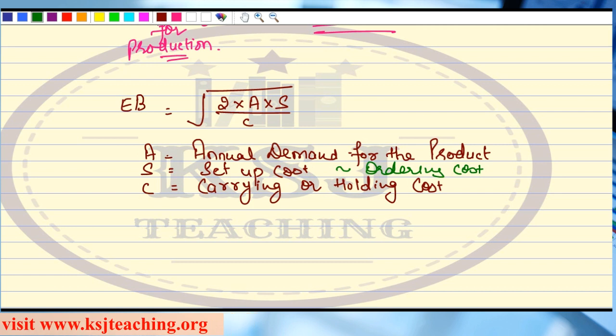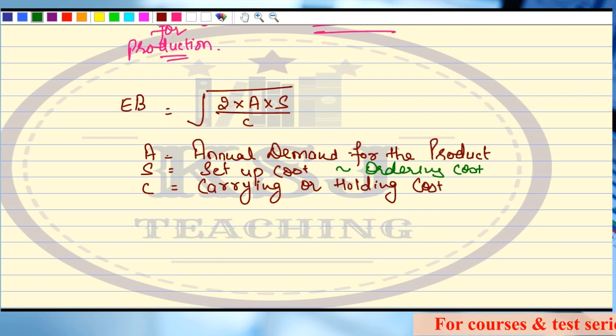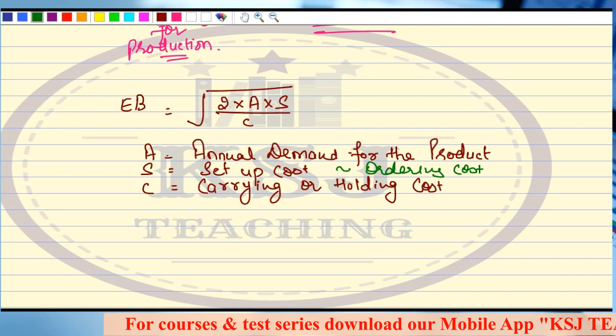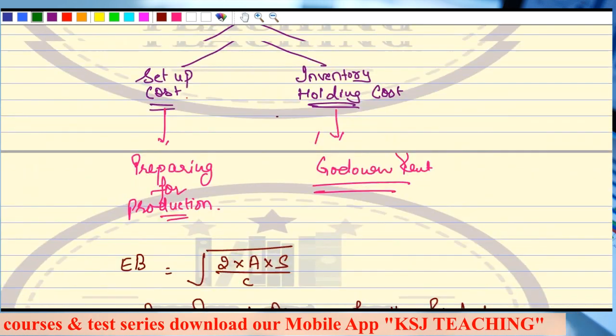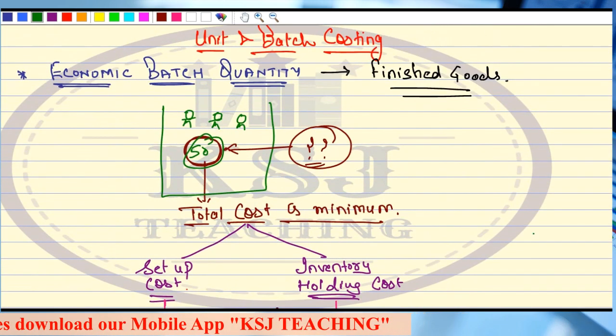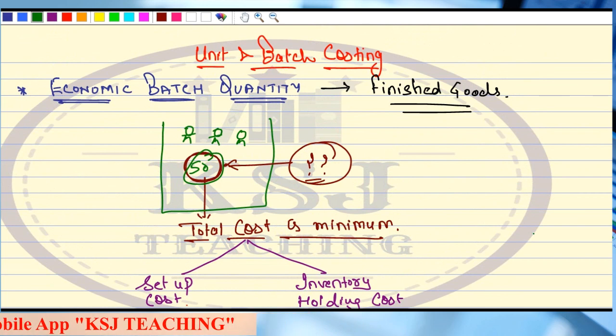Carrying cost is similar: for the raw material we have to carry, and for the finished products also we have to incur the carrying cost. So the concept is the same. There we talked about the raw material, and here we are talking about the finished good, that how much quantity of finished goods should be processed in one batch, in one go.